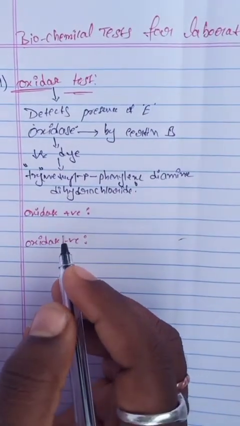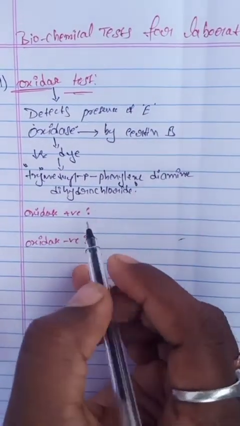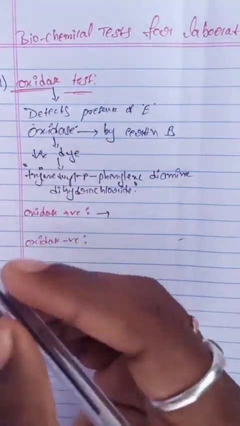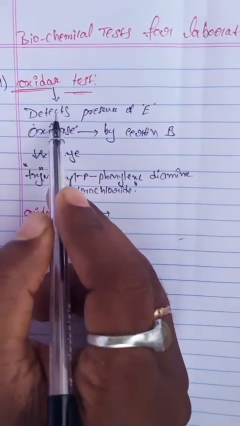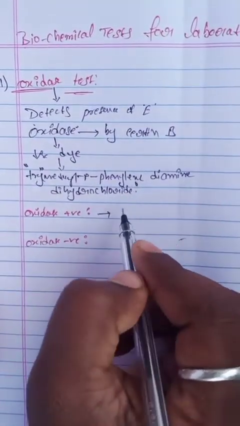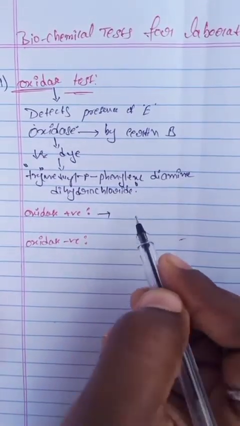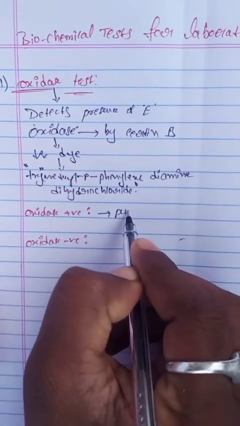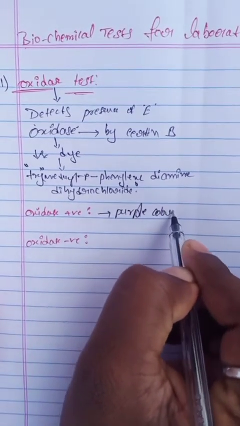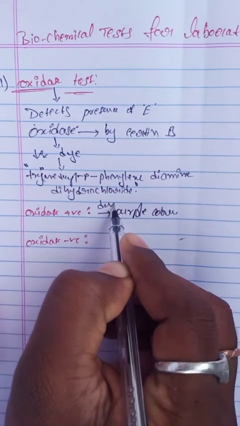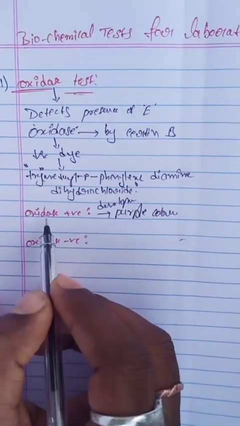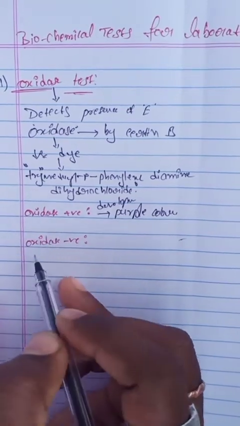The positive test is indicated by the development of which color? The development of a pink or purple color. Development of purple color indicates a positive oxidase test.